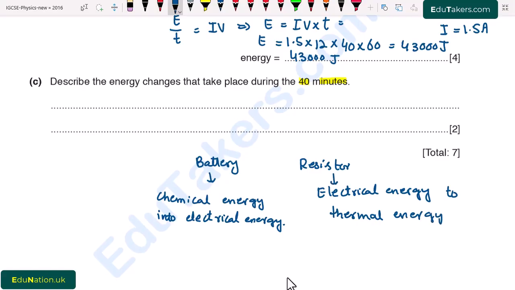So these are the energy changes that take place during the 40 minutes.